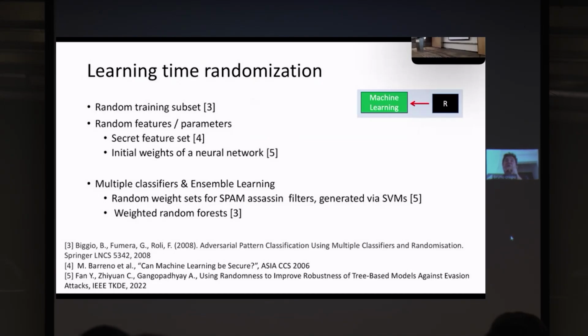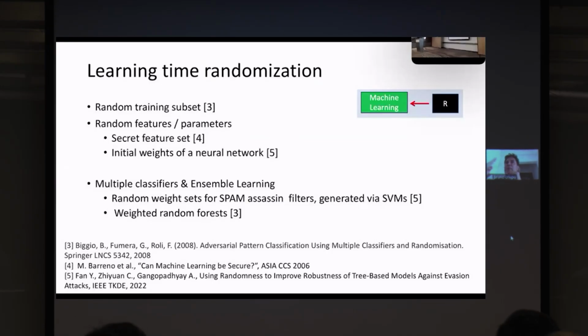The other approach, essentially the one assuming the use of multiple classifiers or ensemble learning, puts some randomness in the way in which you, for example, select the trees in a random forest, or the weights in a random forest.